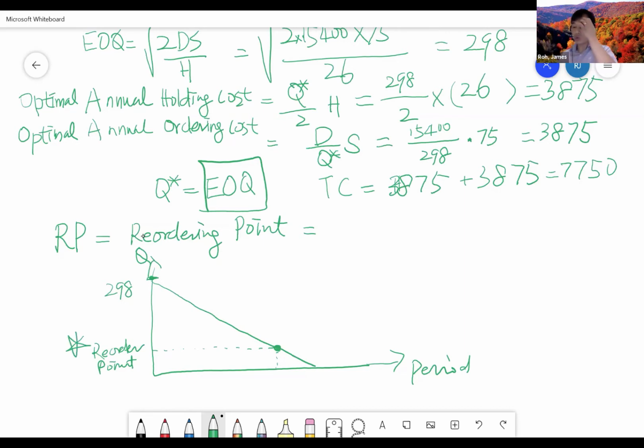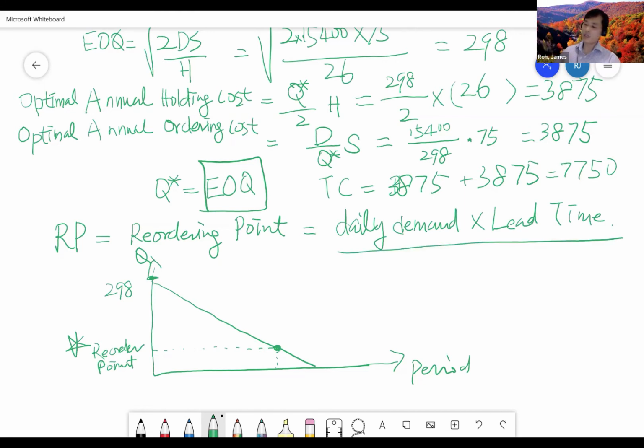What is that reorder point? Reorder point is simply daily demand times lead time. Okay, that's the formula.